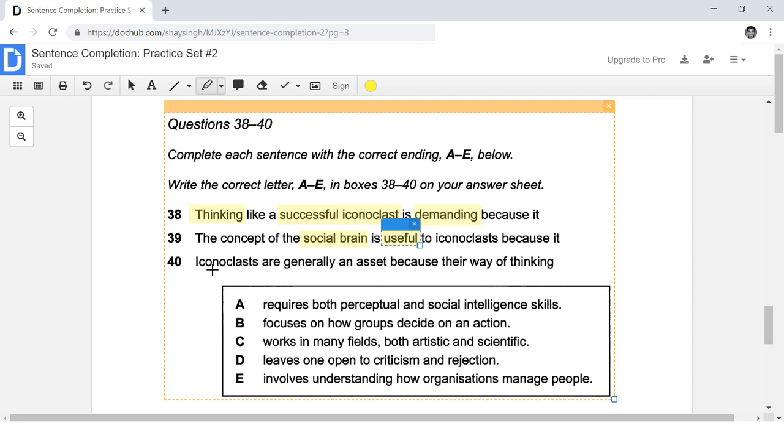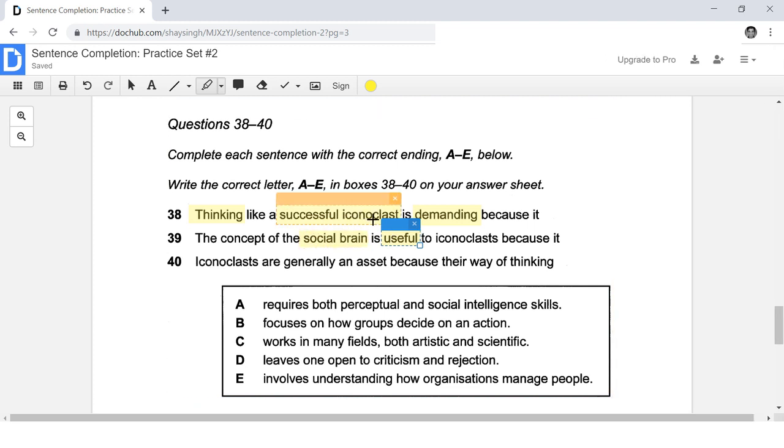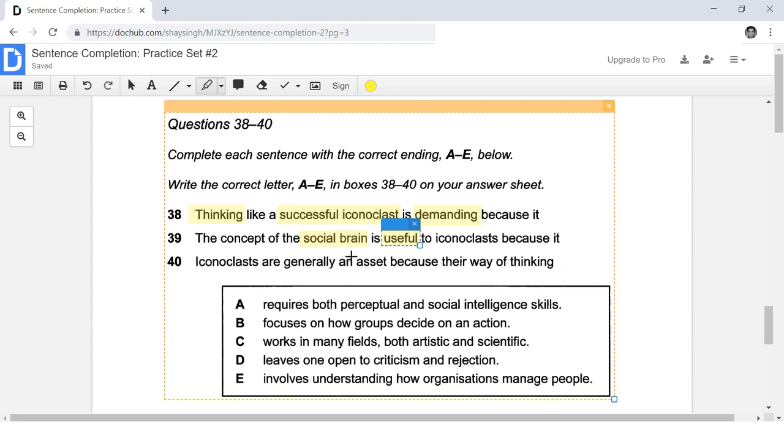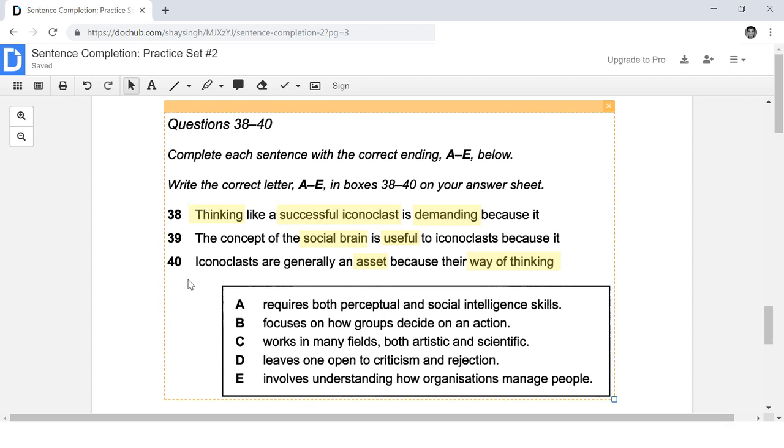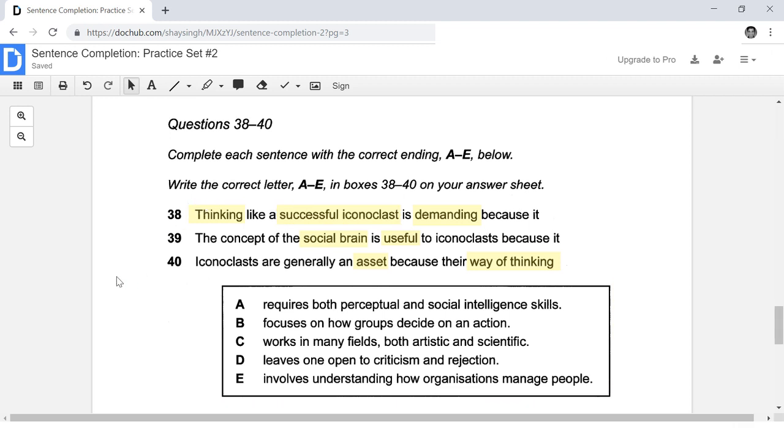So we're going to skip over these keywords for now, words like iconoclast and iconoclasts, and let's just move on to other keywords. So here we have asset and way of thinking. Okay, so those are our keywords for these questions. I'm trying to think now which one of these questions is going to be the easiest one to answer.